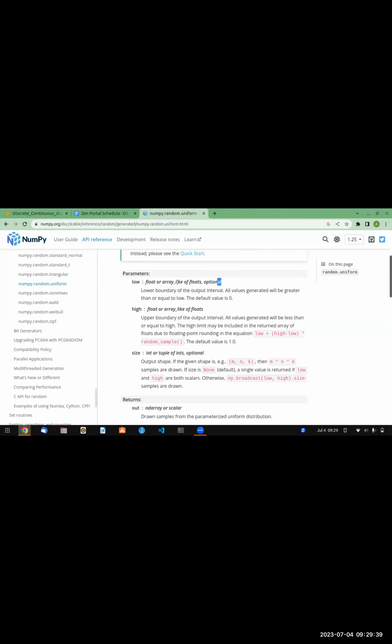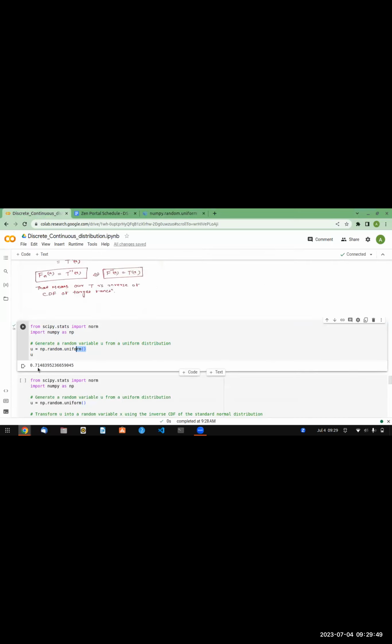Low is also optional, and for high, the default value is 1. So if I run this code again and again, see here is 0.7148. Okay, let's run it again. 0.617, right? So the more times you run this code, a different number from 0 to 1 will be generated, from a uniform distribution.